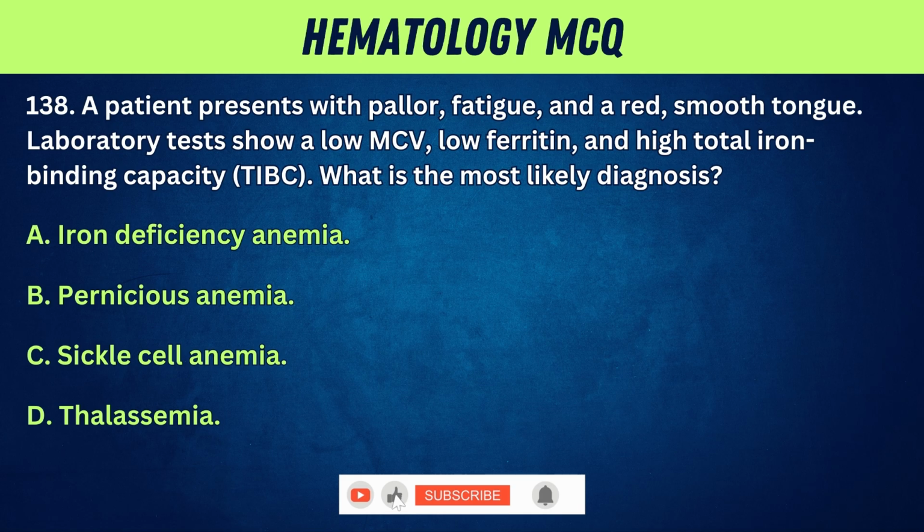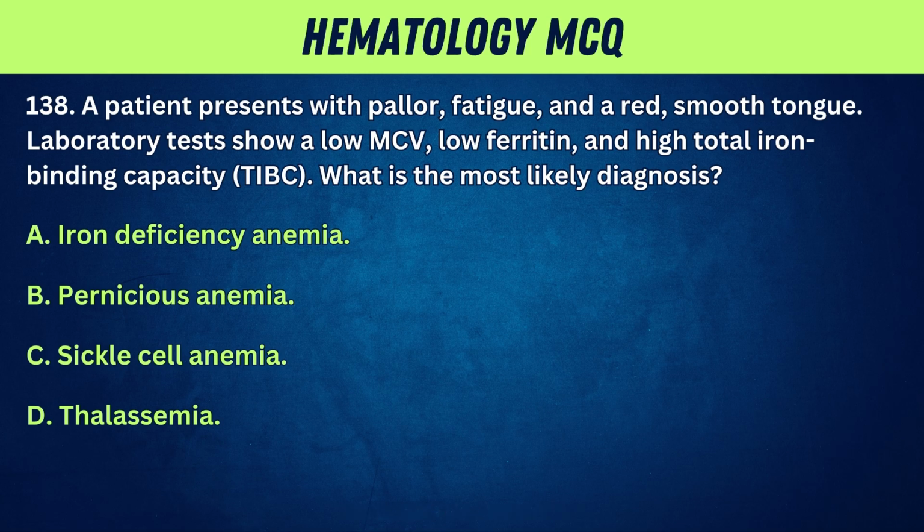138. A patient presents with pallor, fatigue, and a red, smooth tongue. Laboratory tests show a low MCV, low ferritin, and high total iron binding capacity, TIBC. What is the most likely diagnosis? A. Iron deficiency anemia. B. Pernicious anemia. C. Sickle cell anemia.